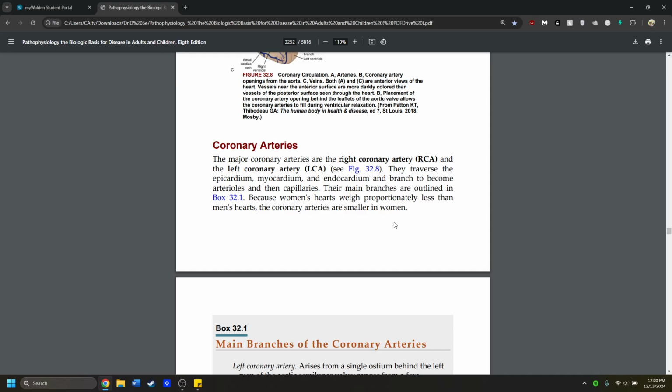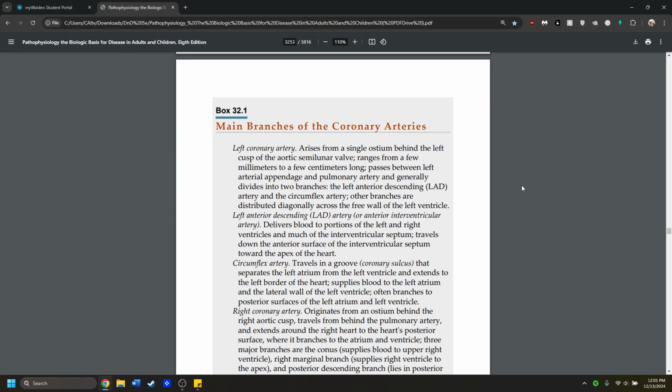Their main branches are outlined in box 32.1, and because women's hearts weigh proportionately less than men's hearts, coronary arteries are much smaller in women. So that's your piece of trivia today. So there's a box here regarding the main branches of the coronary arteries.